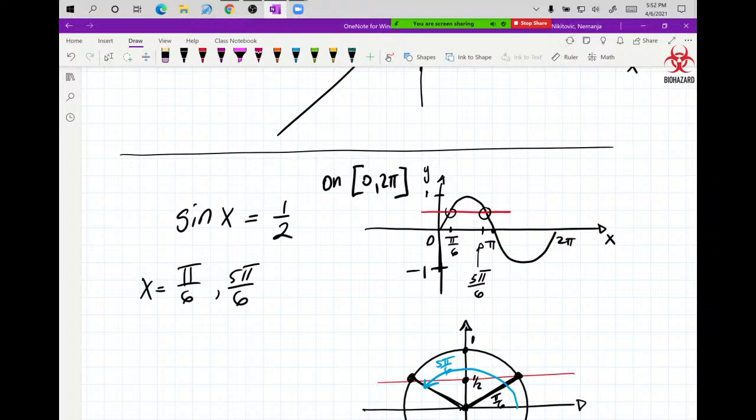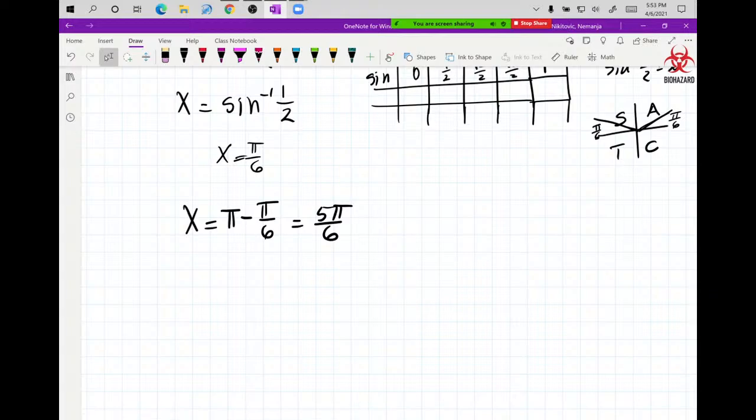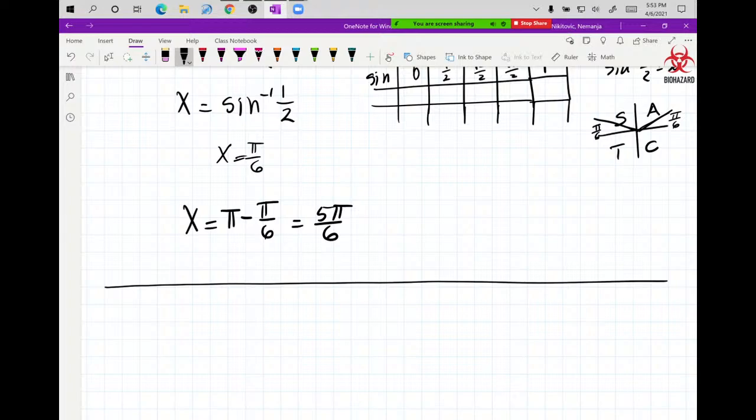If you had 0 to 4 pi, you'll add another 2. You'll have 4 solutions. And if you let this go and have its wavy way to infinities, you are going to have infinitely many solutions. And those are very interesting as well. So right now, that first introductory problem had only 2 solutions, because we were restricted from 0 to 2 pi.